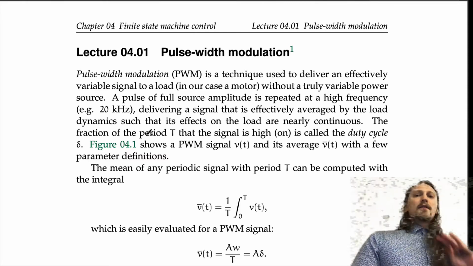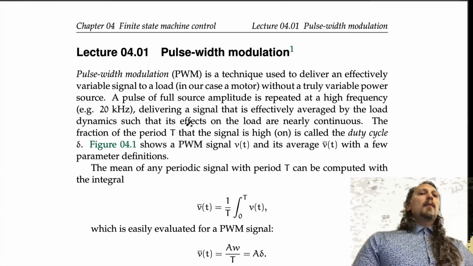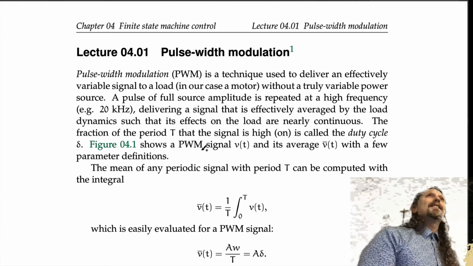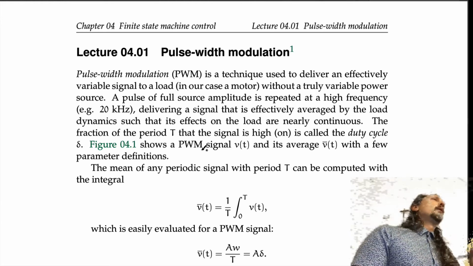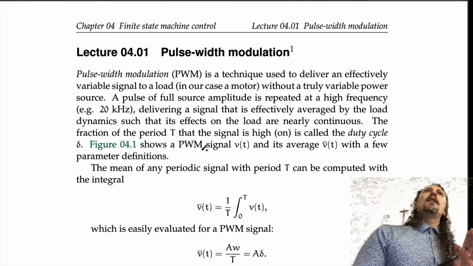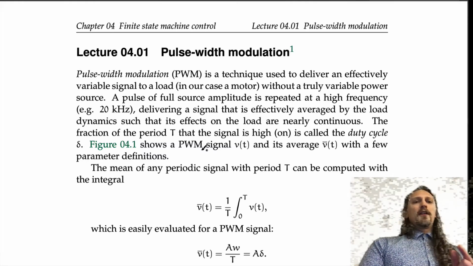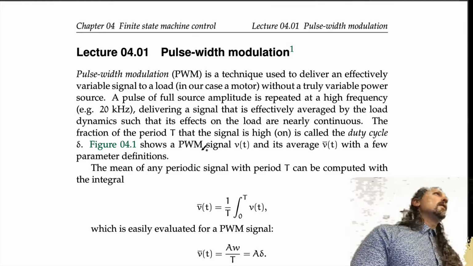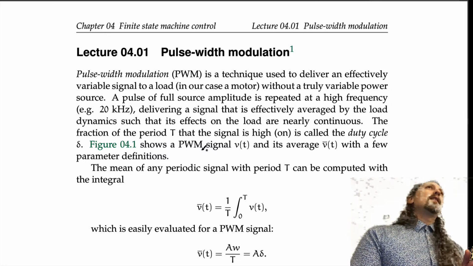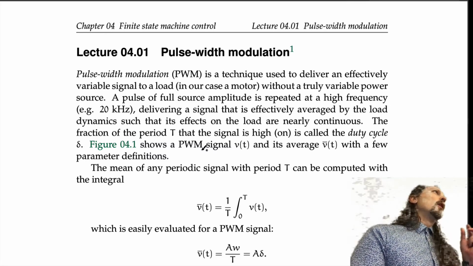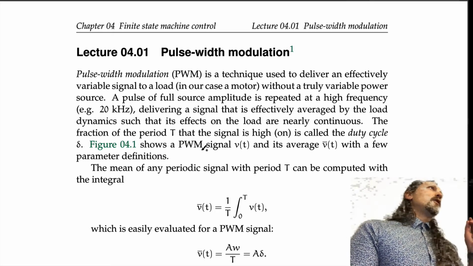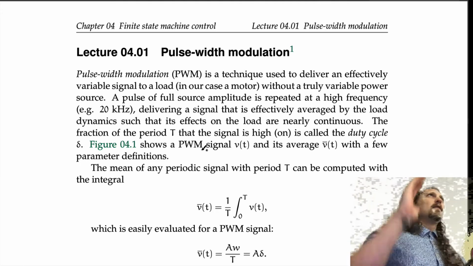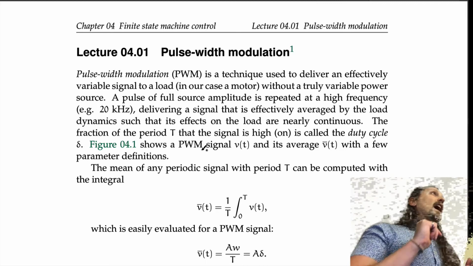Delivering a signal that is effectively averaged by the load dynamics, such that its effects on the load are nearly continuous, which is nice because, well, we all know this, right? If you put in a pulse of 1/20,000th of a second long, you don't expect your motor to necessarily speed up for 1/20,000th of a second and then stop.